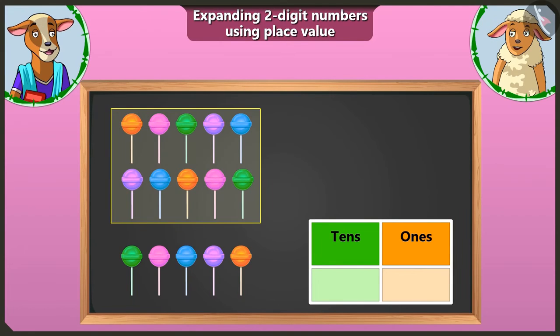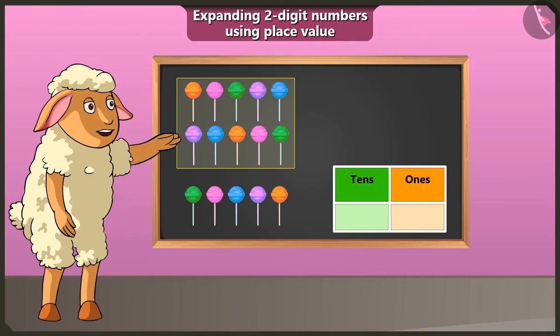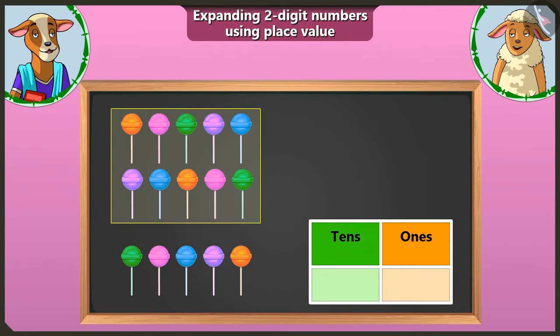And let us make a group like this. This is a group of 10 lollipops. How many groups of tens do we have? We have one group of 10 lollipops. You are right. That is why we will write 1 in the box of tens.